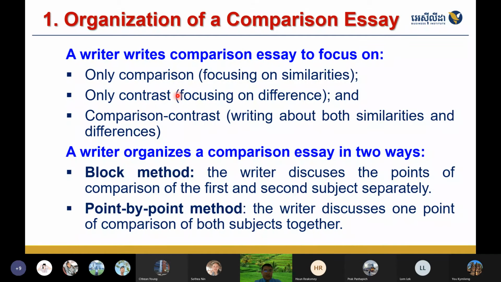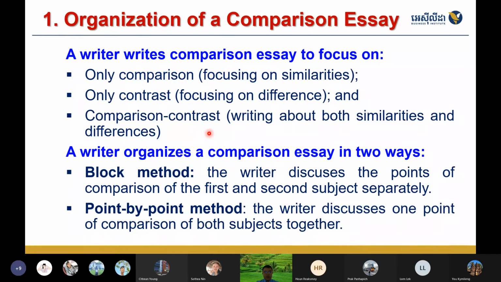Organization of comparison essay. A writer writes a comparison essay to focus on only comparison, focusing on similarities; only contrast, focusing on differences; and comparison-contrast, writing about both similarities and differences. A writer organizes a comparison essay in two ways.